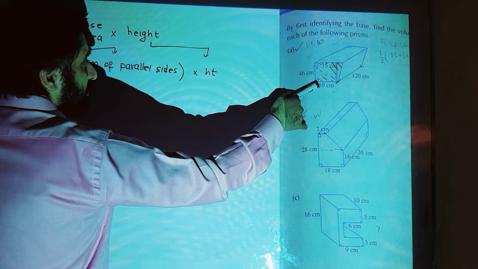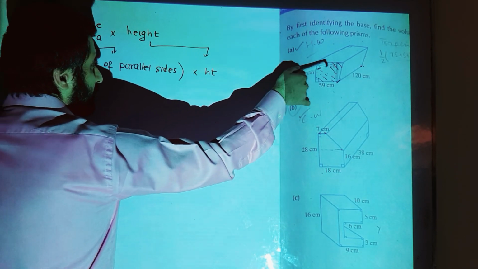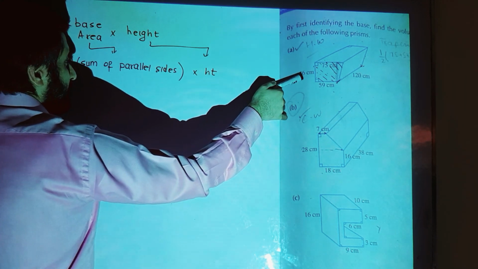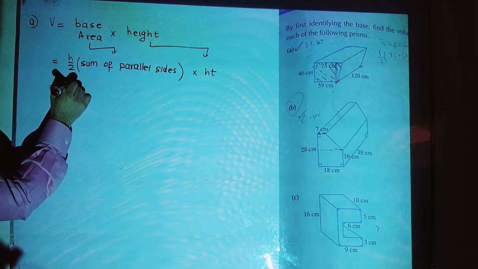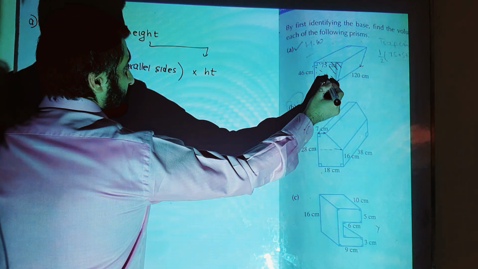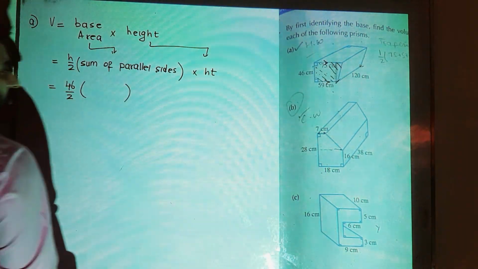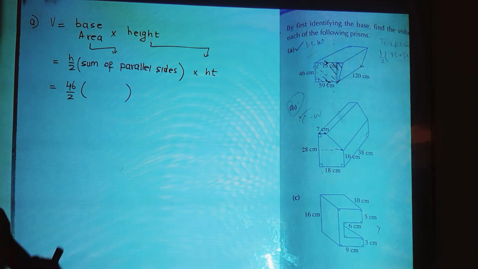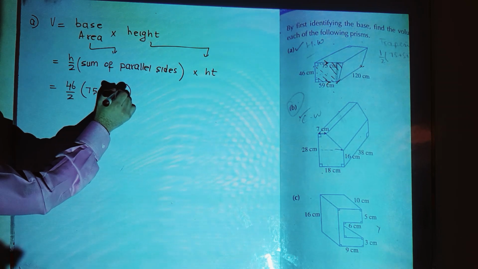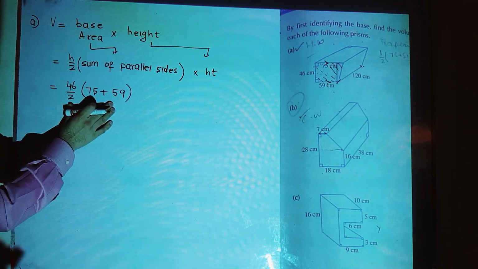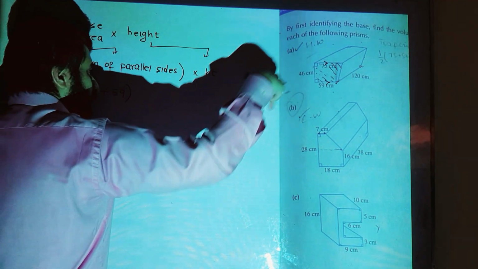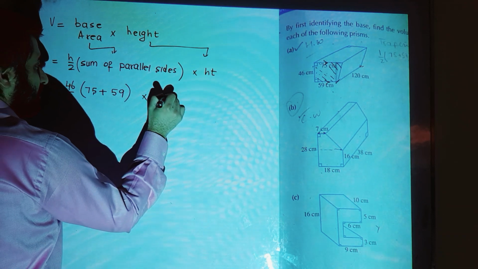In your trapezium, the perpendicular distance between the two parallel sides is 46. So h is 46 over 2 into the sum of parallel sides. These two sides are parallel, this one and this one. So add them, 75 plus 59. Upon simplification, you will get the base area, which is multiplied with the length of prism, which is 120.